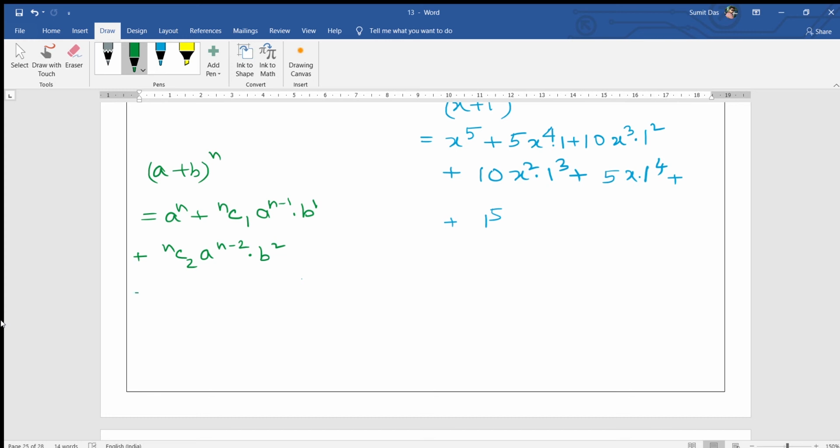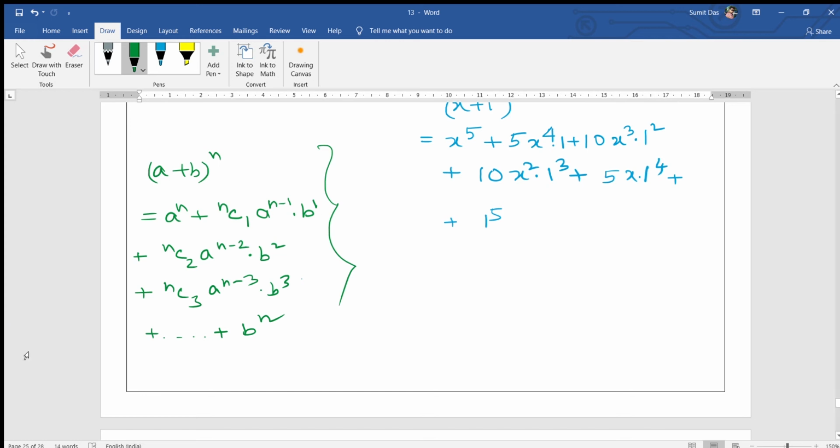So this will flow like this. nc3 you will all learn later. I am not going to explain this now, I am just showing the flow. Then nc3 a to the power n minus 3 b cube. Similarly it will continue and the last term will be b to the power n. You can evaluate this formula by using the a plus b whole square or a plus b whole cube formula.